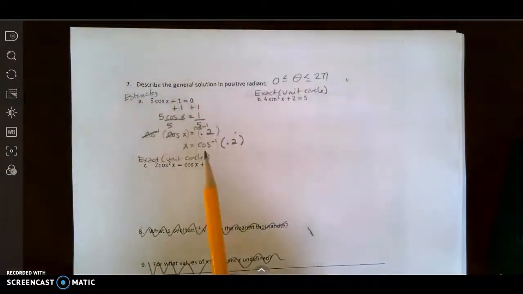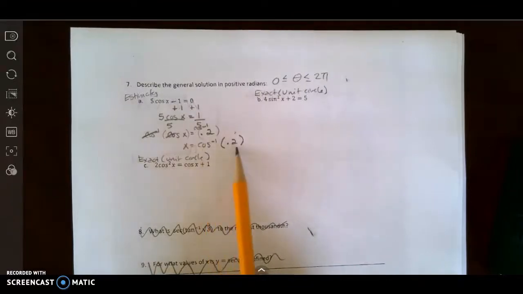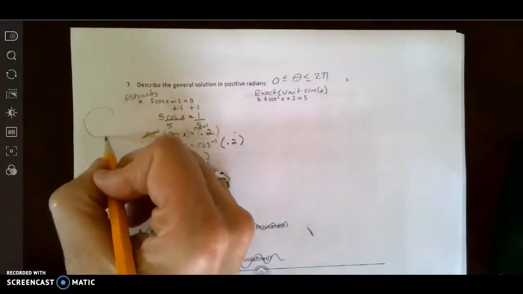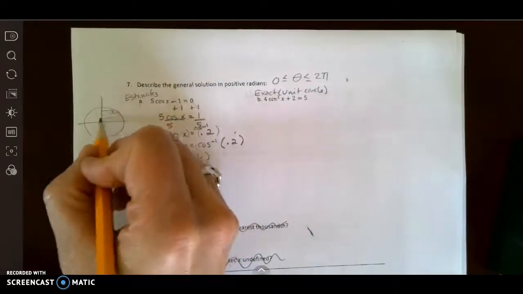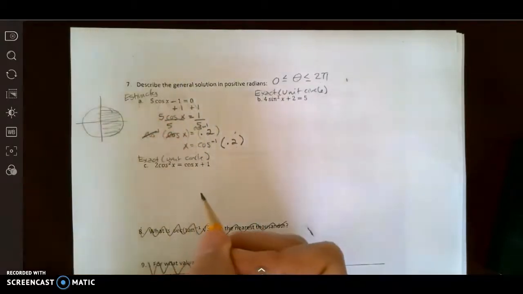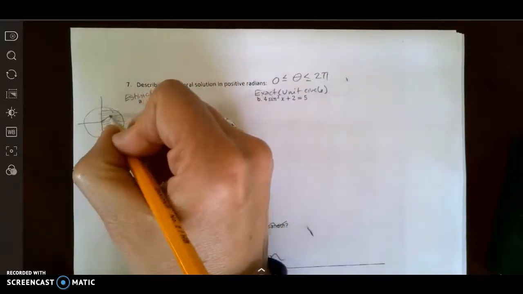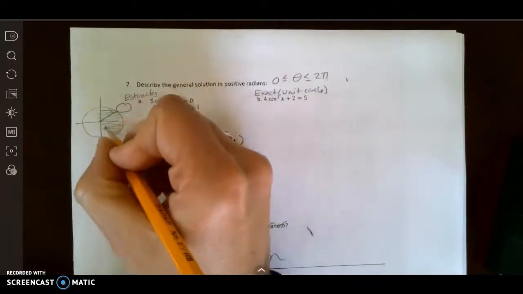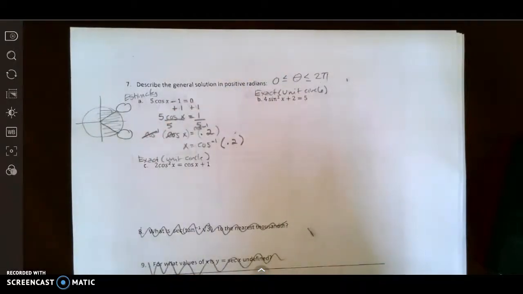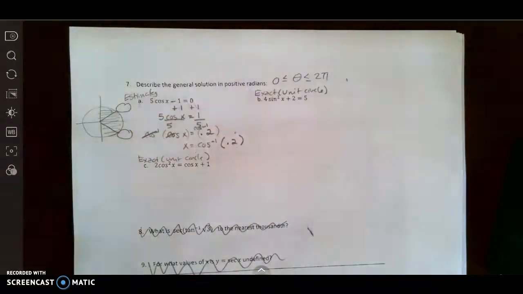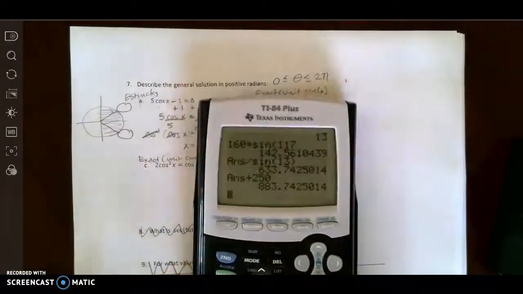But before I even do that, I recognize that the cosine is positive, which means both of my answers are going to be on this side of the unit circle. So I'm going to have a quadrant 1 answer, and I'm going to have a quadrant 4 answer. All right.